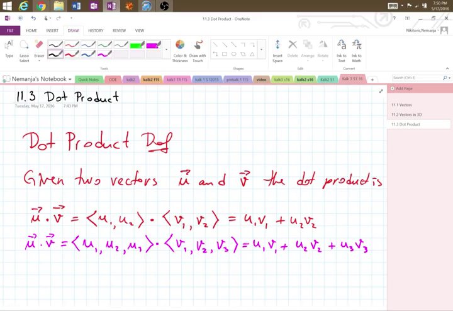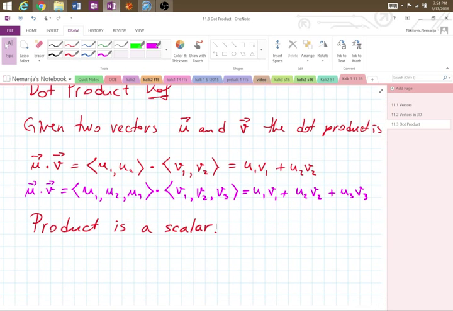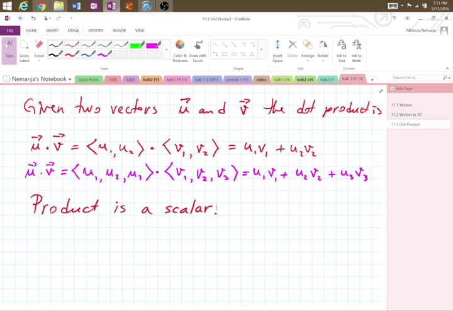Note that the answer to multiplication of 2 vectors using dot product is always a scalar. So we are going to write that also. Well, not result. Let's use the product. Now, vectors extend in multiple dimensions.